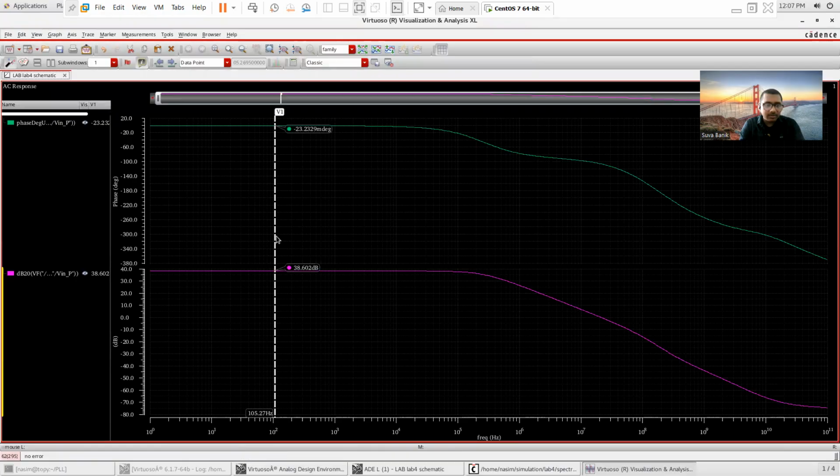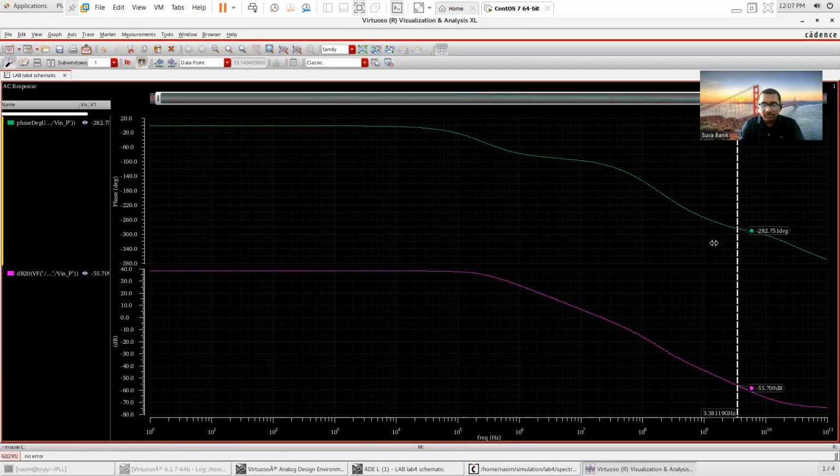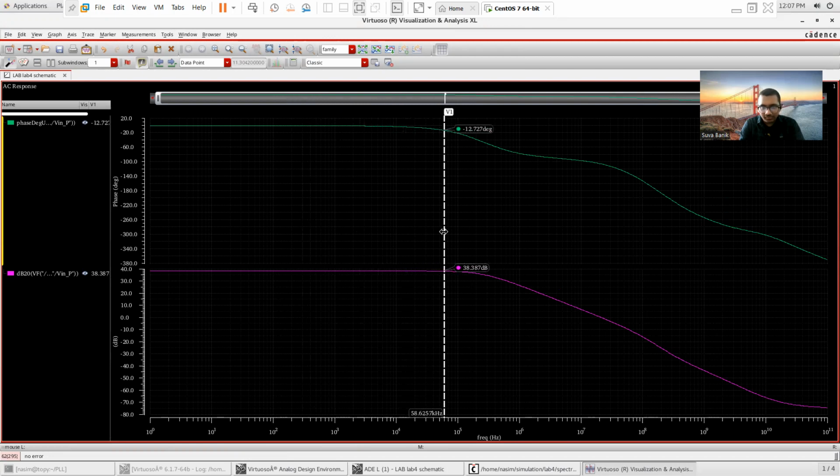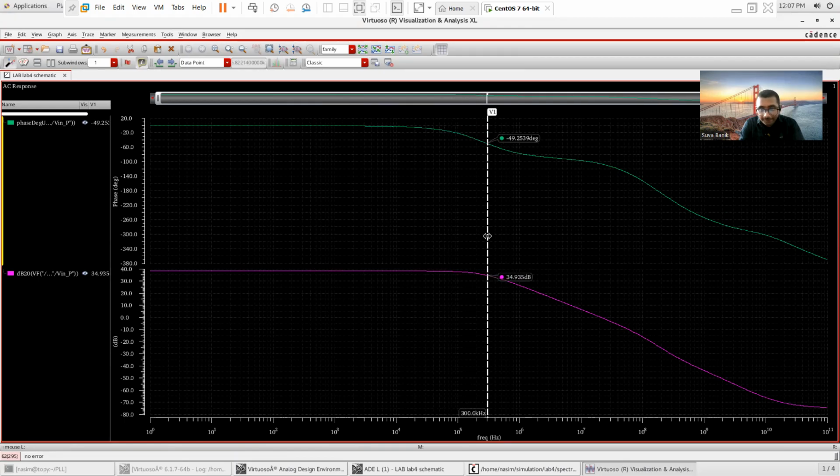We can also find the 3 dB gain from this curve. 3 dB gain is not this 3 dB. 3 dB gain is my low frequency gain minus 3, meaning 35 dB. I can say my 3 dB gain is 35 dB.